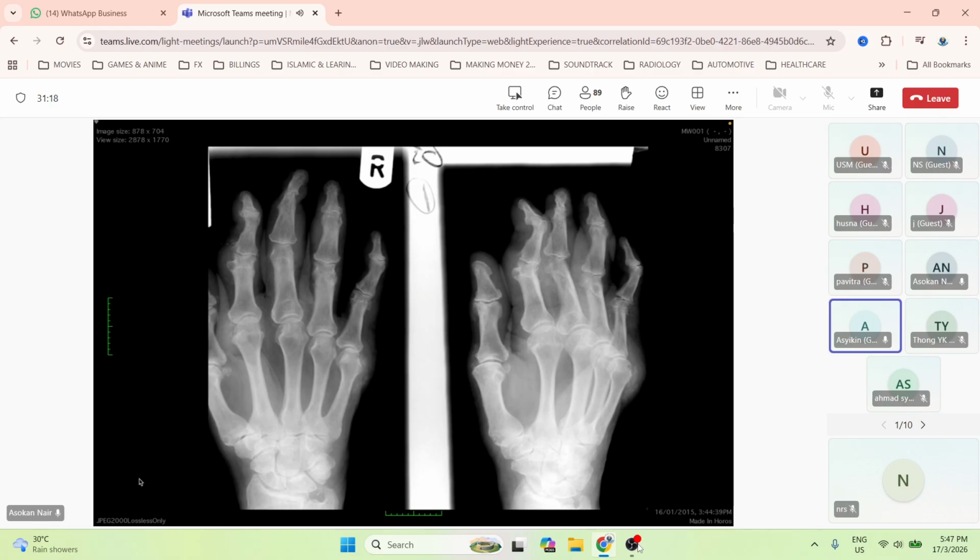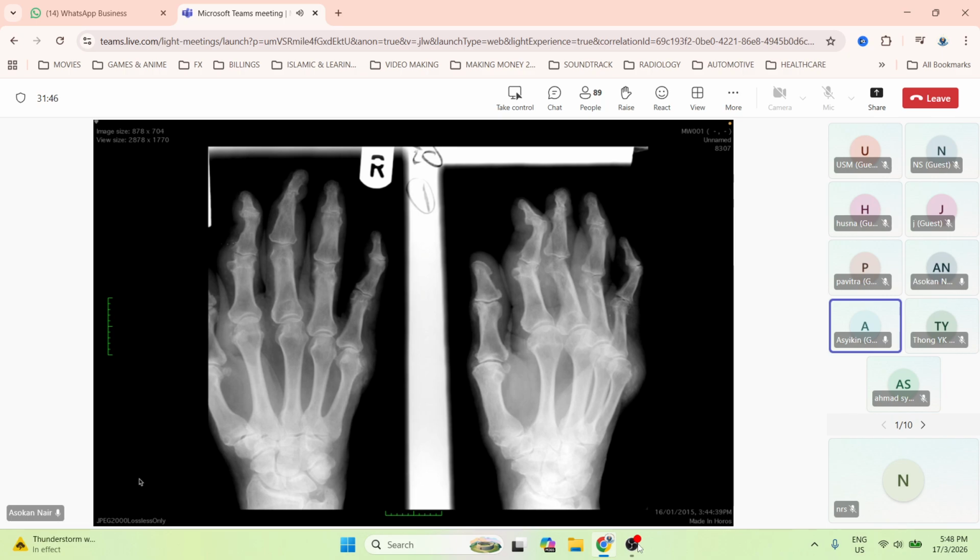So this is a right hand X-ray in front of you. I can see there are multiple punched-out lesions at the head of the fifth metacarpal, and also at the fifth proximal phalanx, and also at the second proximal phalanx.